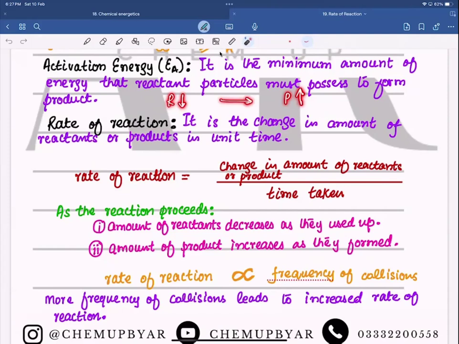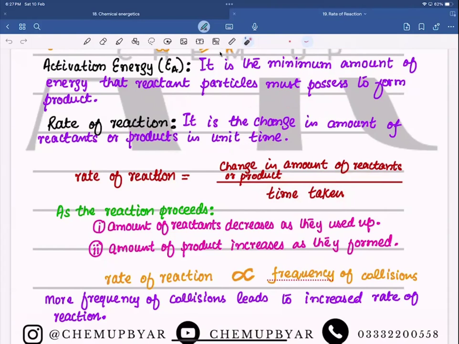So that change in amount of reactants or product per unit time is called rate. If I have to calculate the rate, I take the change in amount of reactants or product in the numerator, and the time in which that change is taking place I keep in the denominator, and then if I solve, I will get the rate of reaction.